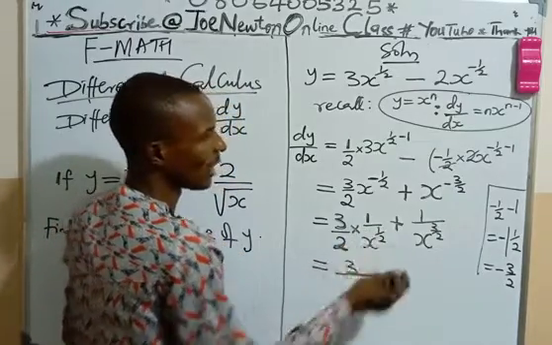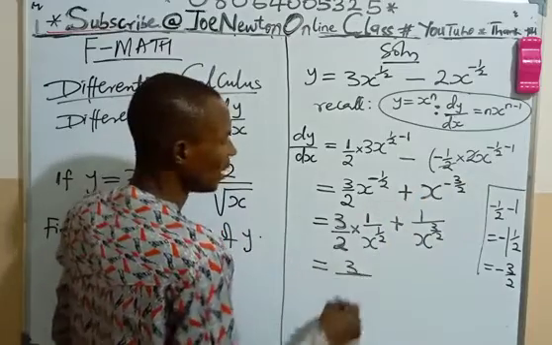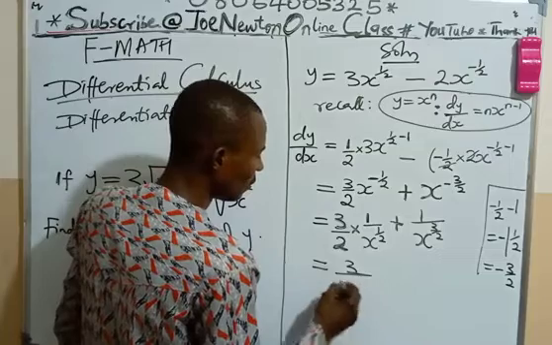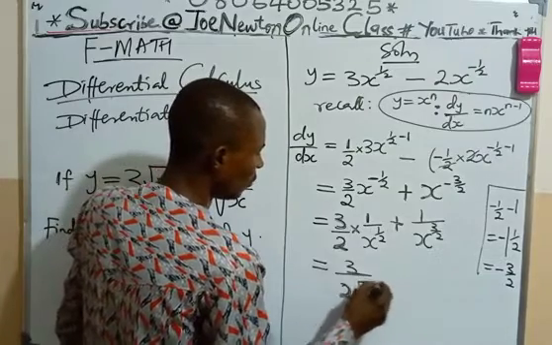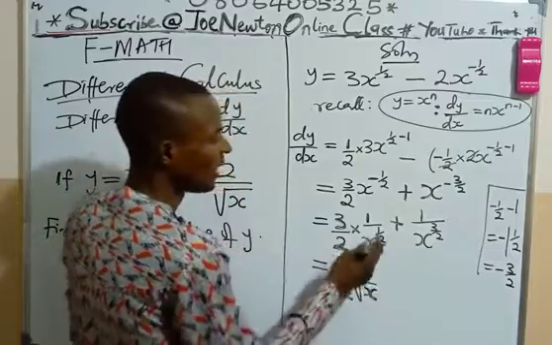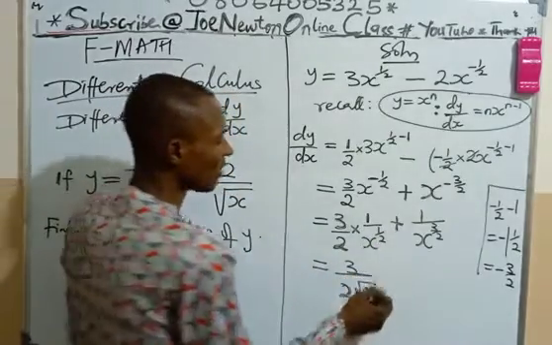So that will become 3 over 2 root what? X. How? Because x raised to the power 1 over 2 means square root of x.